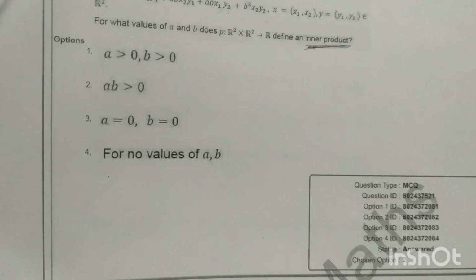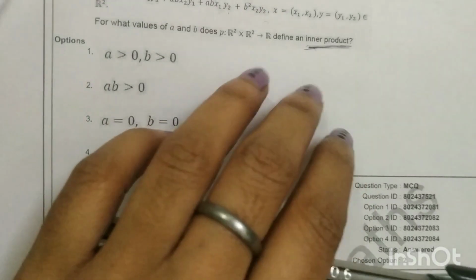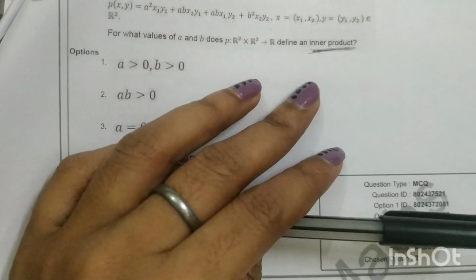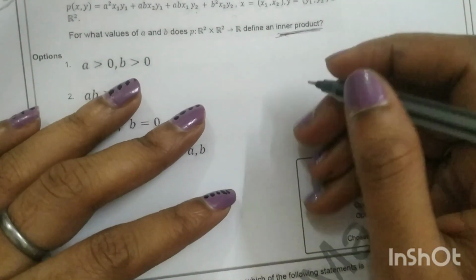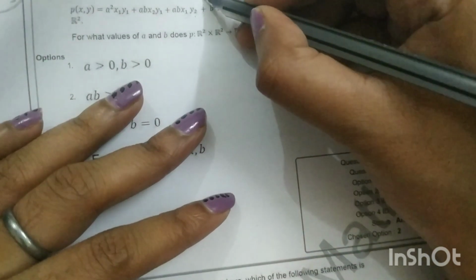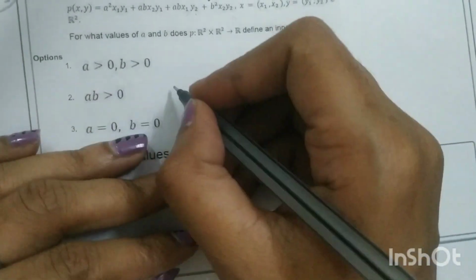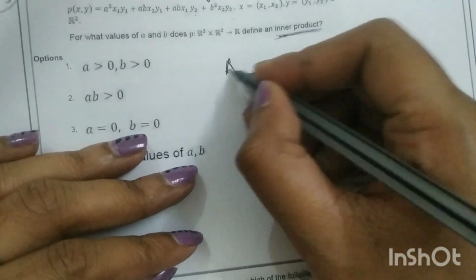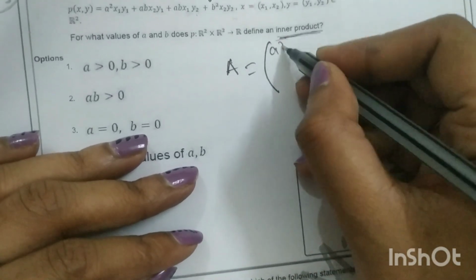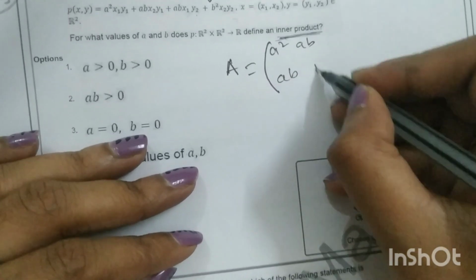Okay, so let me remind what an inner product is. First of all, for an inner product we have to check whether it is positive definite or not. To check it is positive definite, what do we have to check? We have to check whether this quadratic form is positive definite or not. Because it comes from R2 by R2, the matrix here will be a^2, ab and b^2.